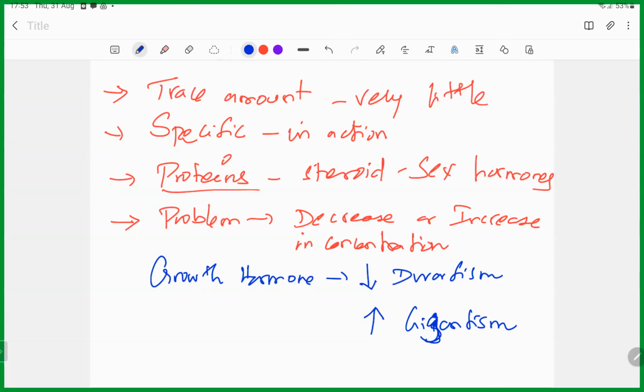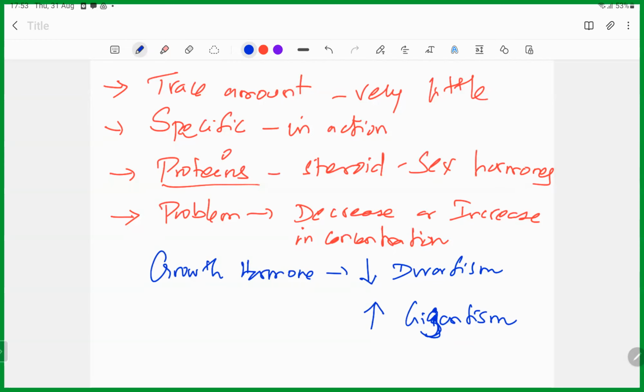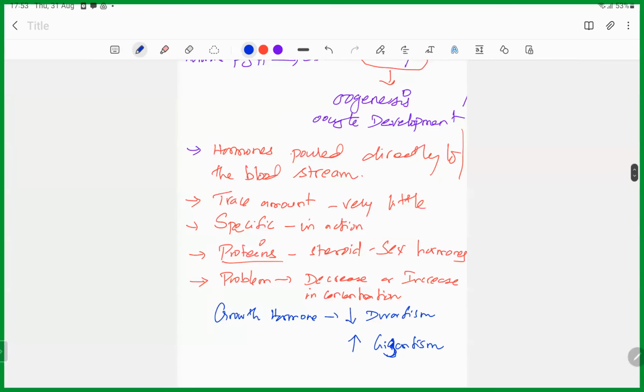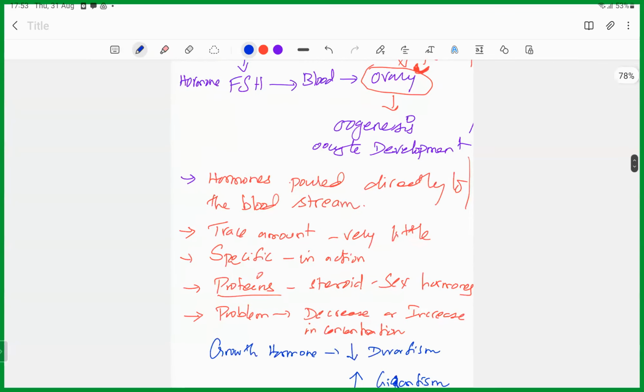Okay, fine. Tell me, what are the general characters? Hormones are secreted by endocrine glands. Hormones are called chemical messengers. They are required in small amounts. And how do they work?